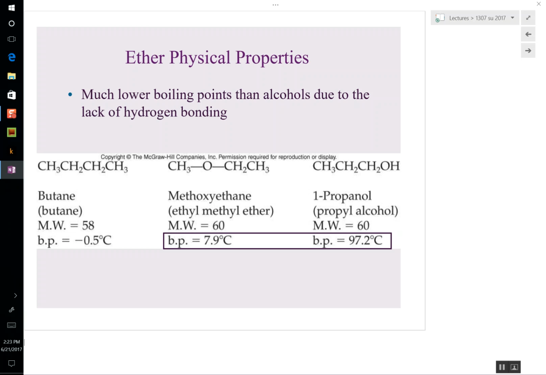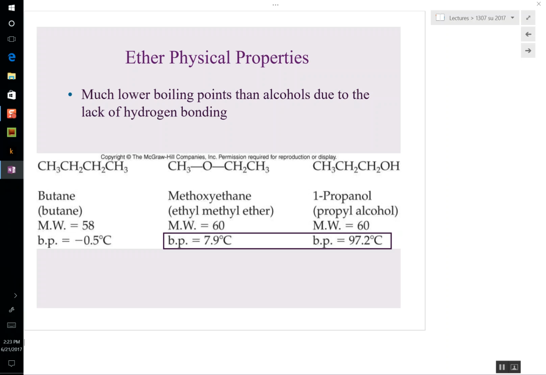Yep. All right, so here's butane, about 0 degrees centigrade. So 4 carbons. I've got 3 carbons here and an oxygen. Why did I go to 3? Well, that's about the molecular weight of butane. So similar molecular weight molecules, if all other things are equal, should have comparable boiling points.